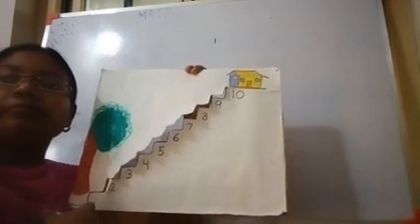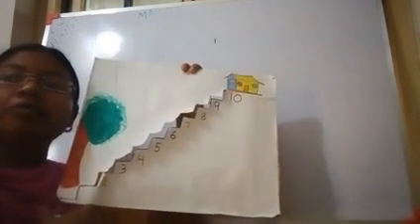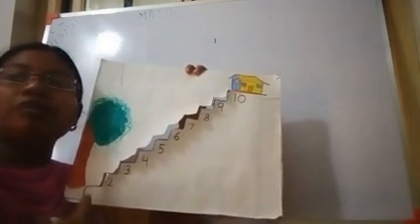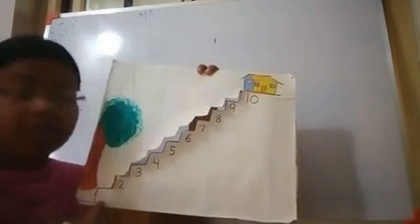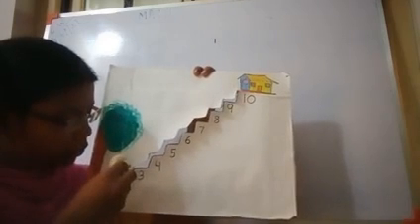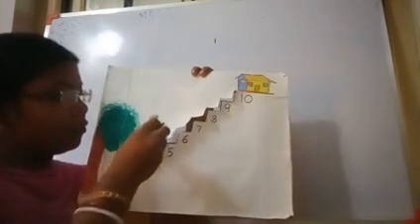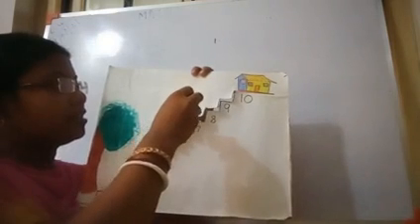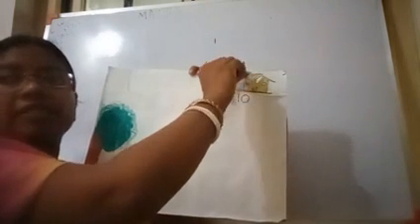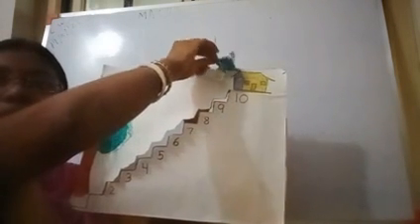He will reach here, counting the stairs according to the number that is written. So the first stair he counts as 1 because it is written over here 1. 1, 2, 3, 4, 5, 6, 7, 8, 9, 10. He reaches home.